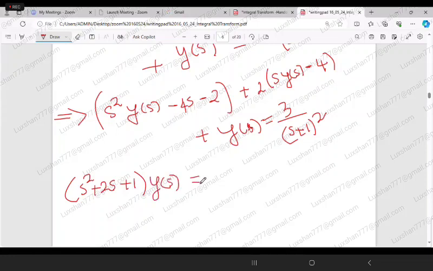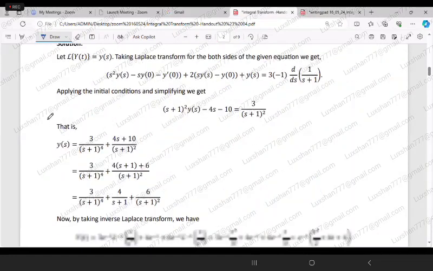And if you send the rest of the things, we'll have 3 over s plus 1 whole square. Here you have plus 4s. When this goes to this side, you have plus 4s. This is minus 2. This is minus 8. Therefore, this becomes plus 10. Okay, this becomes plus 10. So now we'll go to this handout. You see, we are having this one.